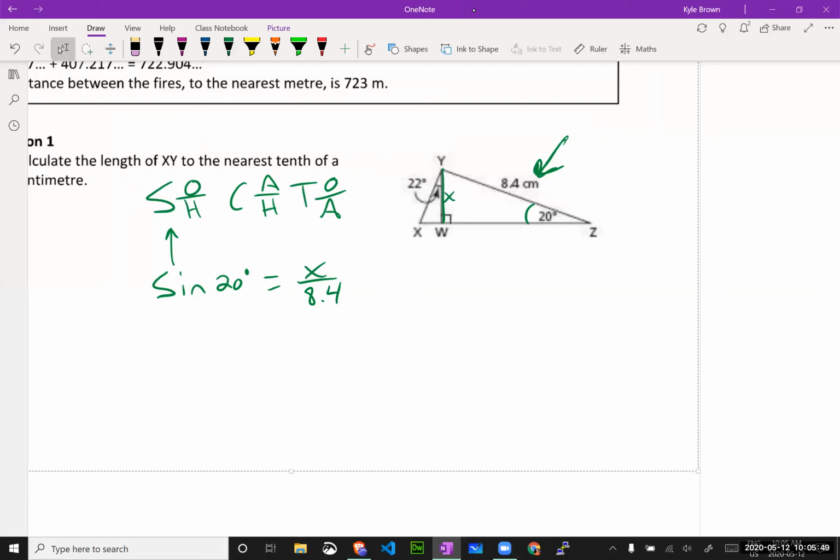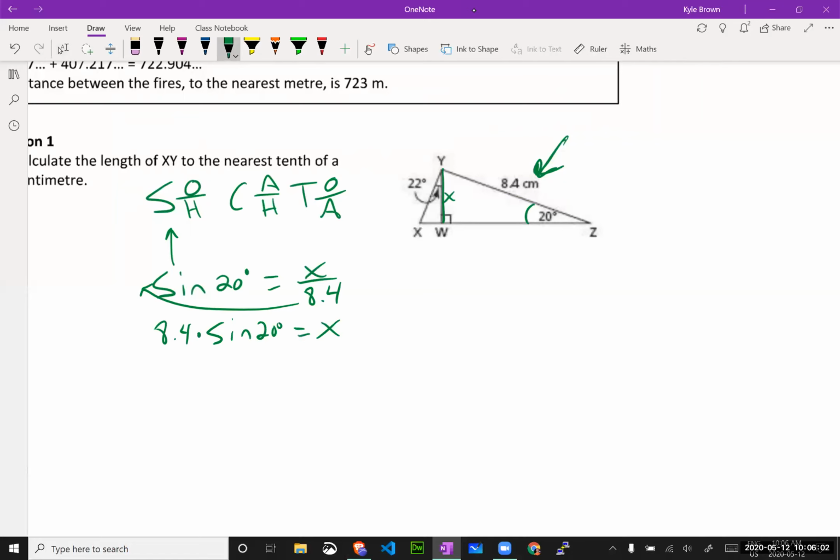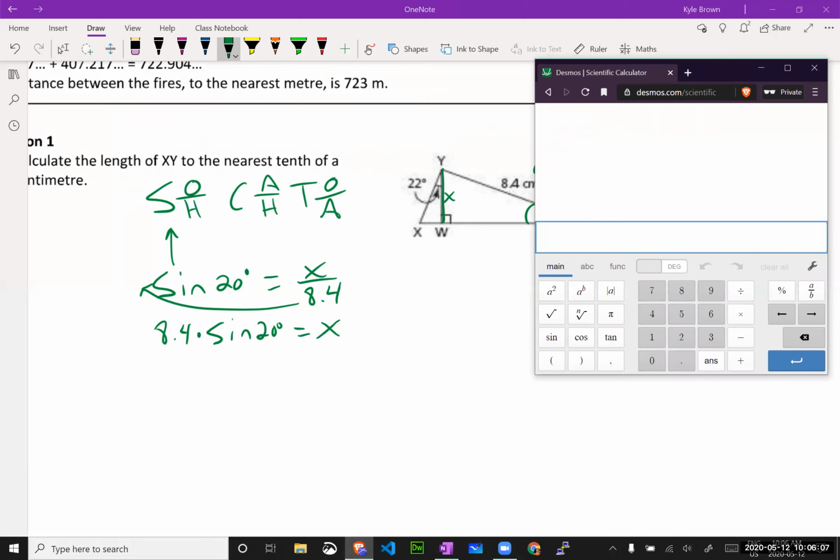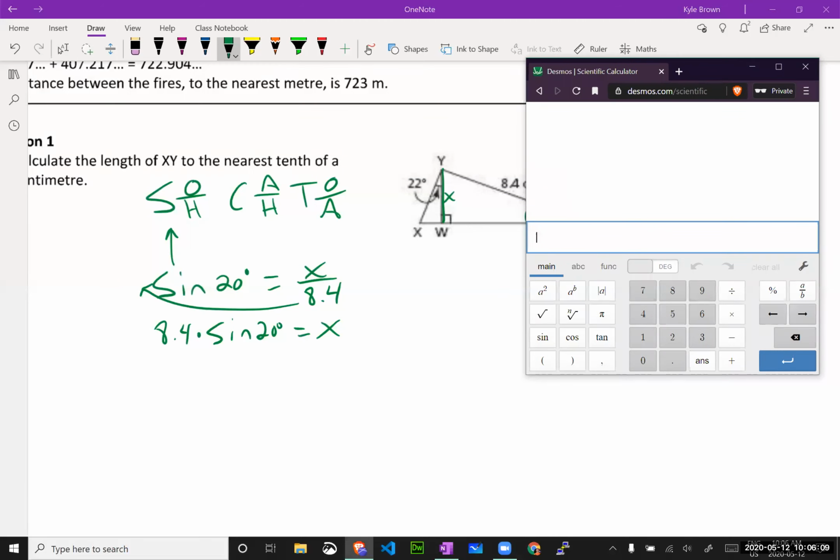Then multiplying both sides by 8.4, we get 8.4 times sine 20 degrees is equal to x. So let's put that in. I'm going to try to see if I can use my calculator on screen. No, maybe not.